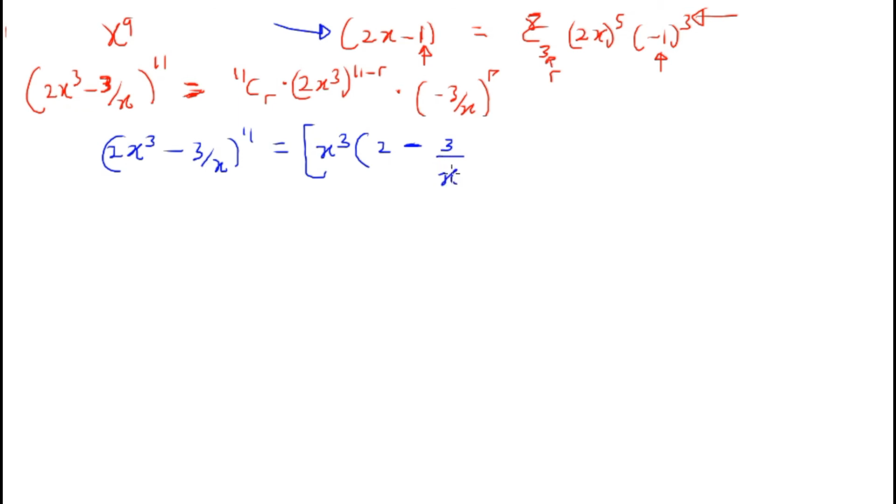Since I brought out x raised to power 3, I should have x raised to power 3 plus 1 at the denominator, that's 1 plus 3, this is the 3 that is out there. Then it has a power of 11.